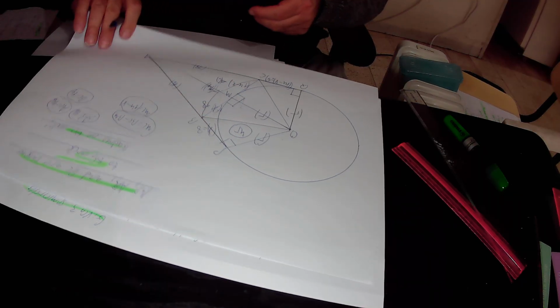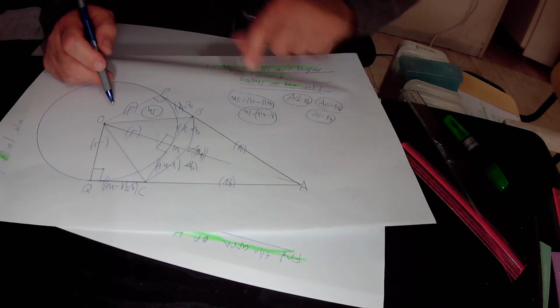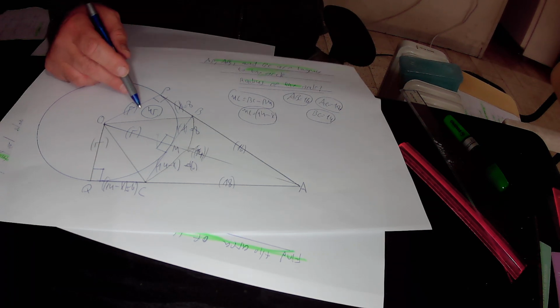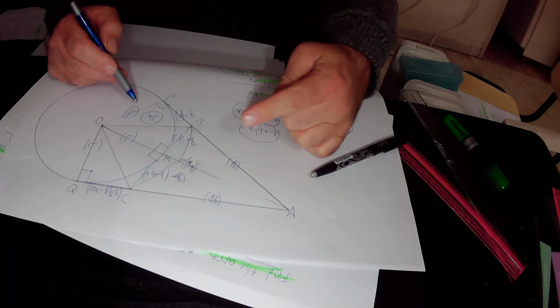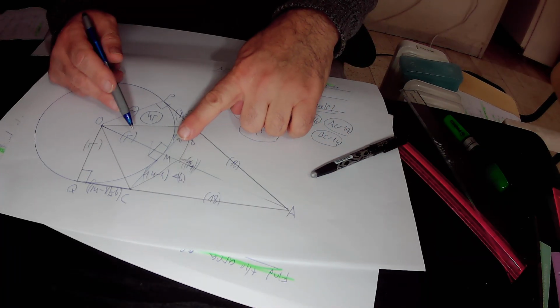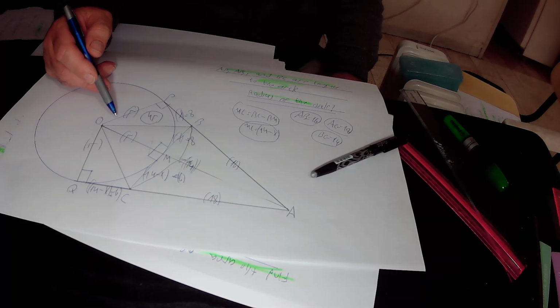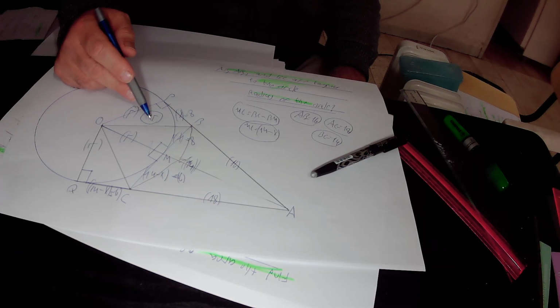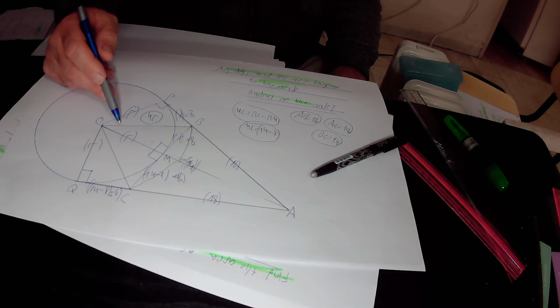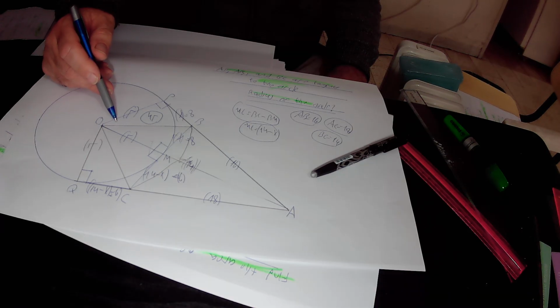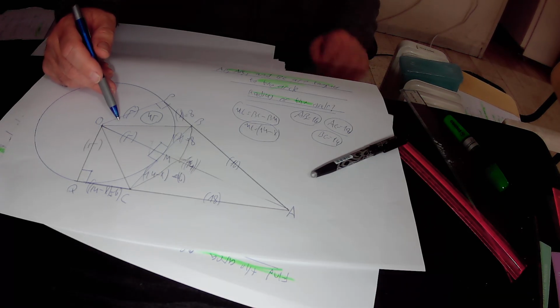Likewise, what is the area of this small right triangle OBM? The area of this right triangle OBM equals the base BM, that is 8, times the height MO, that is R over 2. So in total, the area of triangle OBM equals 8R over 2. 8R over 2 is 4R.